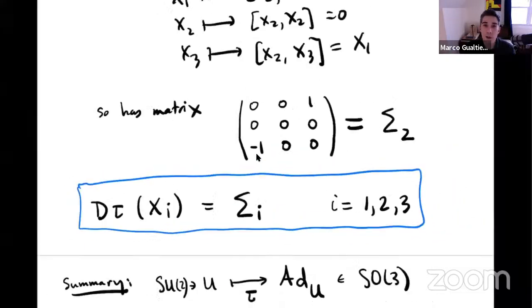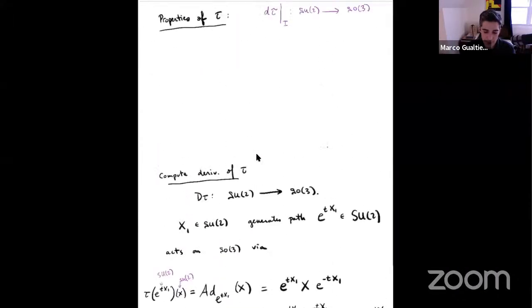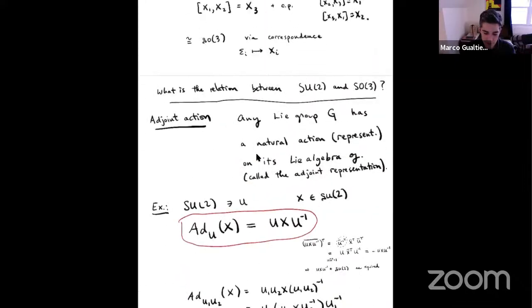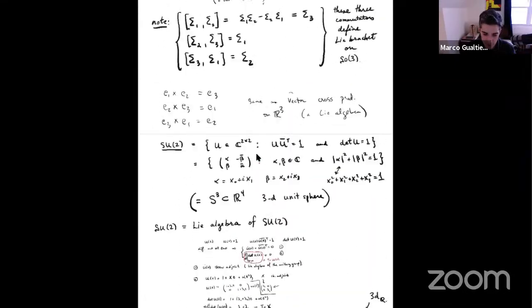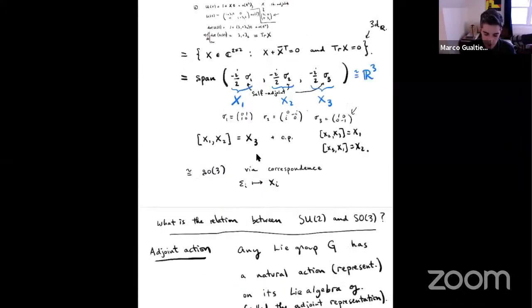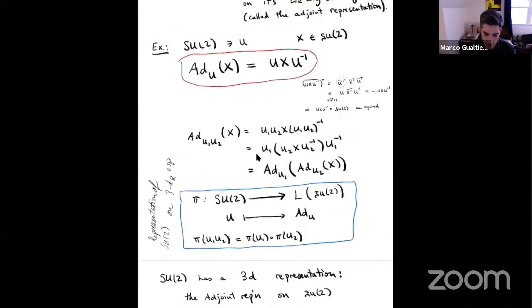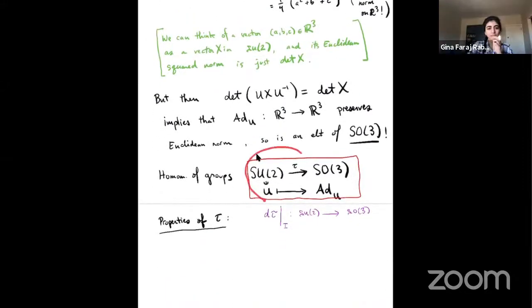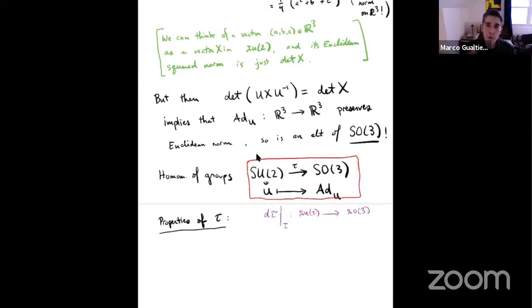So there are 2 things that you need to realize. Yeah, this is the first important thing, that there is a natural homomorphism of groups from SU2 to SO3.